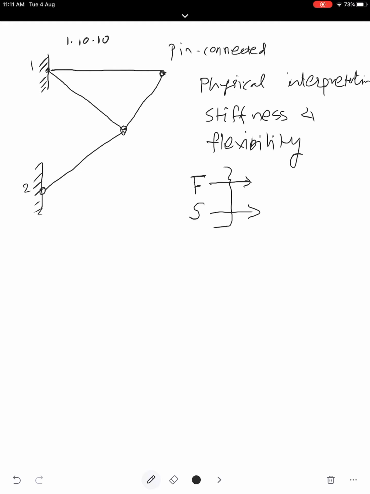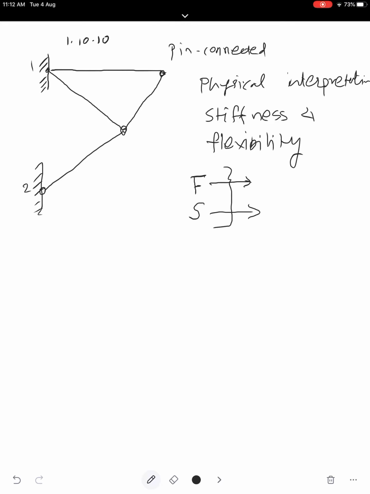The concept was very simple: if we want to get the stiffness coefficient, it is nothing but the force due to the unit applied displacement or unit applied rotation, depending on what kind of problem we are dealing with. Suppose we are dealing with beams, their deflections as well as rotations can be your kinematic variables.